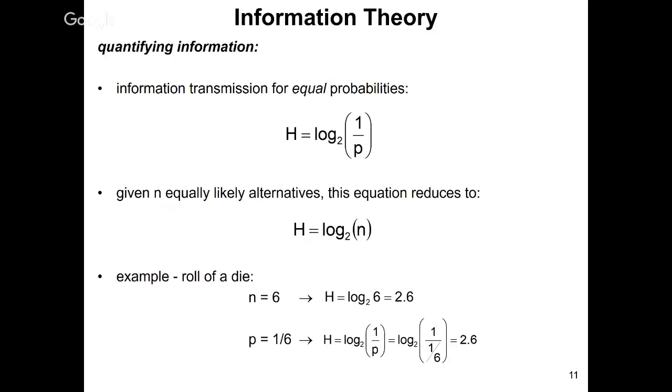This is for a 6-sided die. This is going to tell us how much information is in the roll. Log 2 of 10. So 2 to the what power equals 10? I'm not totally sure. It's going to be 3 point something. All right, good.